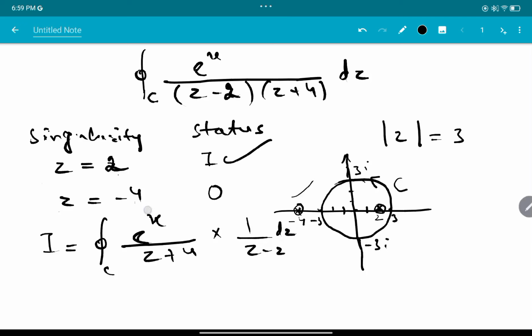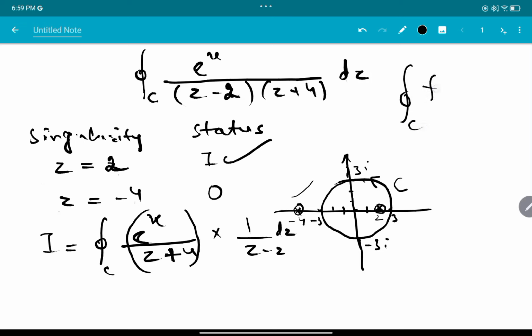I have collected these two here because e raised to x divided by z plus 4 does not have a singularity for this loop. So this is what we write as f of z in Cauchy's integral formula. This is Cauchy's integral formula.